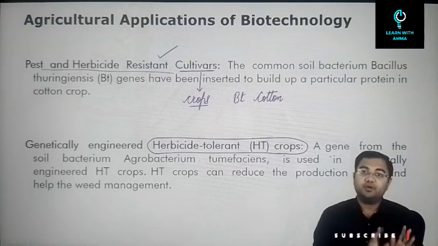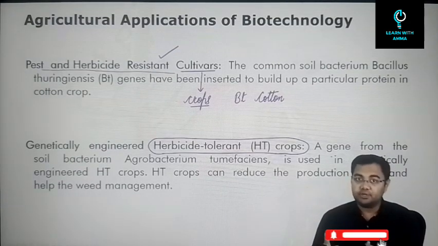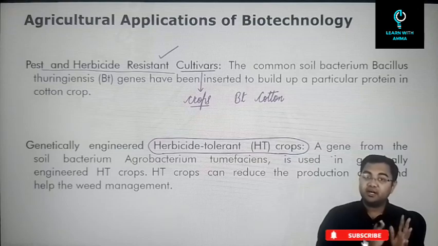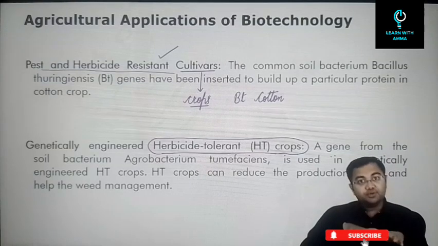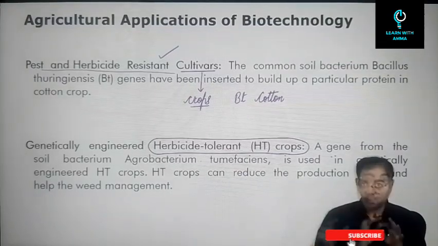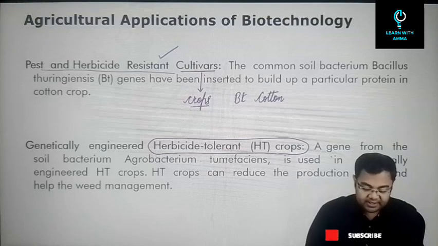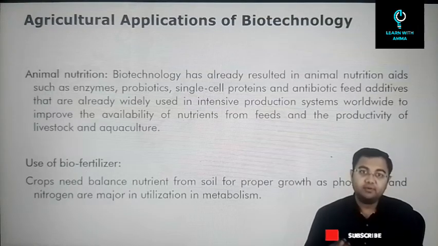You do not want your crop to be harmed. So we need herbicide tolerant crops which will not be affected by the herbicides at all, so that whenever you spread these herbicides, it will kill all the unwanted weeds, but it will have no effect on the crops. That's why these kinds of crops are also being developed.